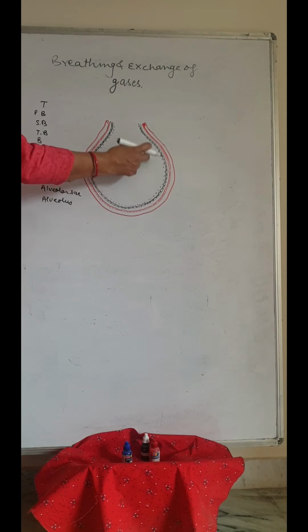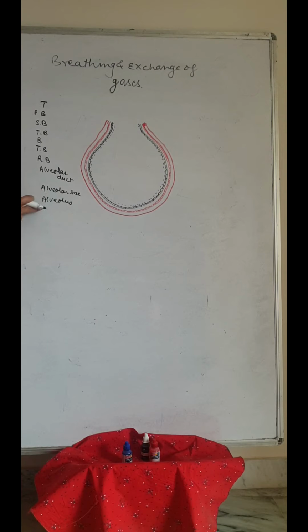So I have drawn a diagram of one alveolus. This is the alveolar duct. Around the alveolar duct, numerous alveoli are there. The alveolus is a cup-shaped structure lined by cells, shown here in black.